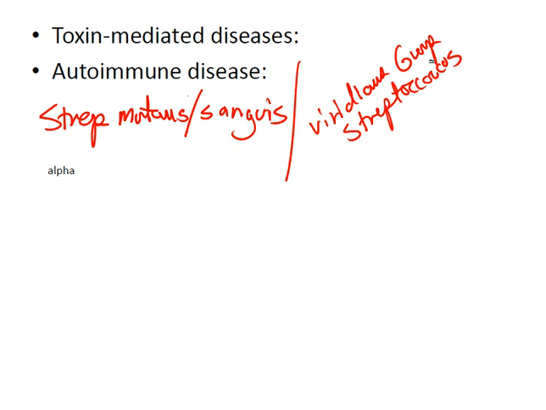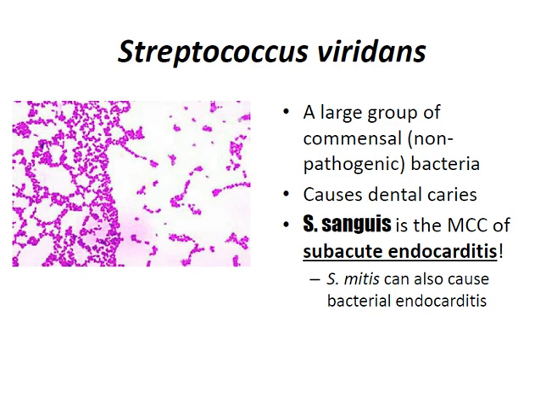You contrast these two with Strep pyogenes, which is group A strep, beta hemolytic, bacitracin sensitive, with a high hyaluronic acid capsule, which is antiphagocytic, and an M protein, which inhibits opsonization. So there you go.